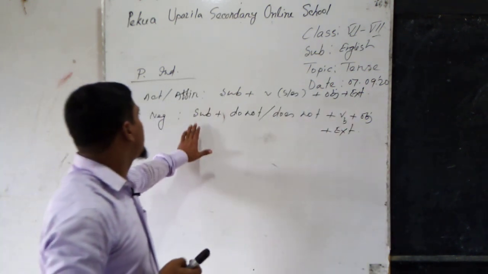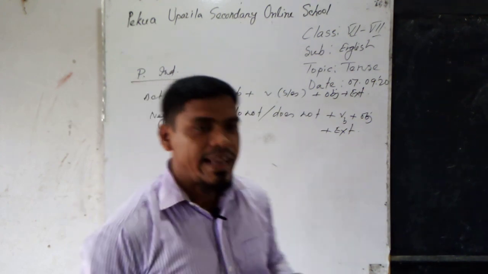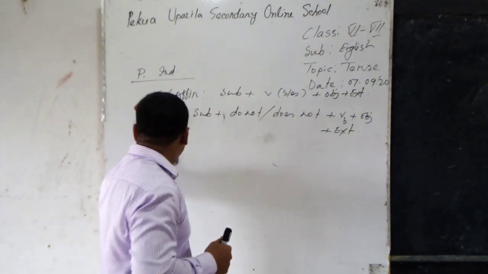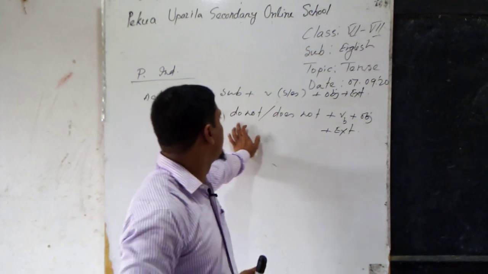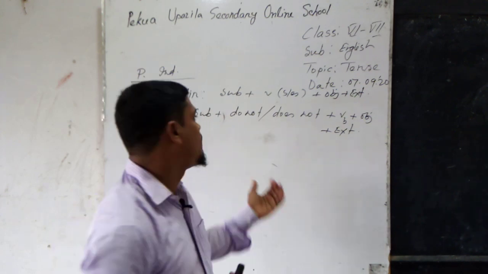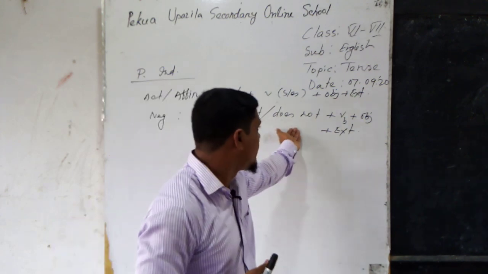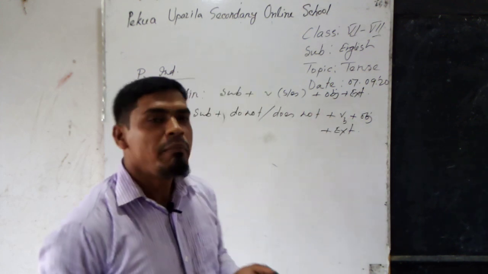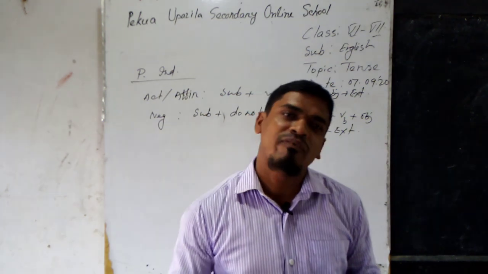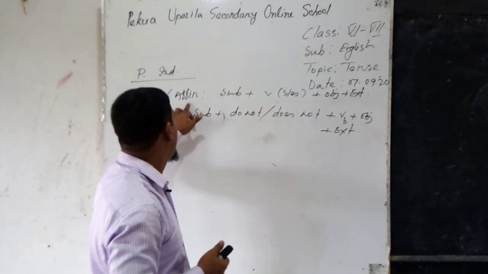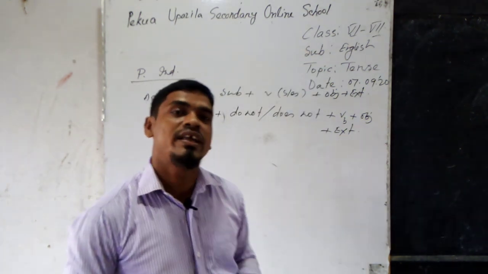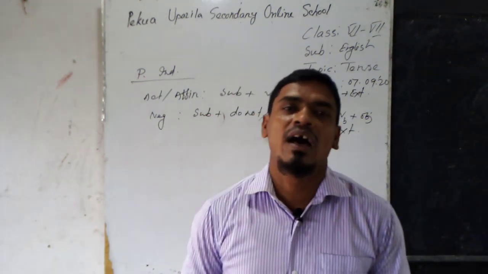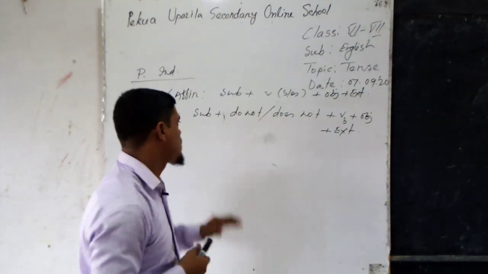So when you make negative form of present indefinite, you just follow this structure. If you bring do not or does not before verb, you make it negative form from affirmative, which we mostly know when we learn sentence.